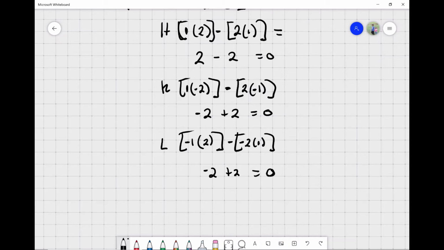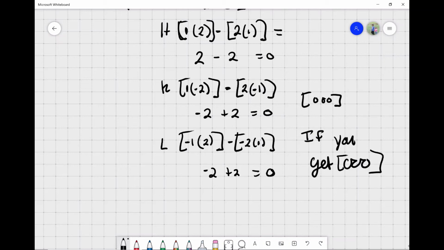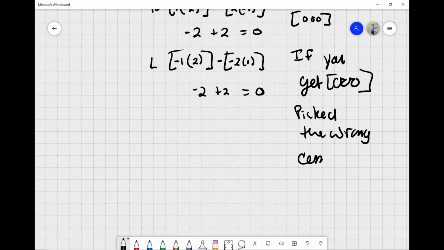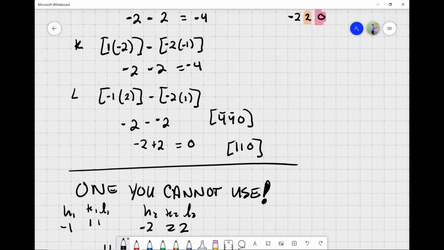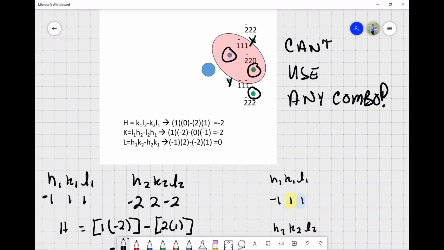All right, so you can't have a zone axis of 0, 0, 0. So the lesson learned here is if you get 0, 0, 0, you picked the wrong two spots. So you picked the wrong combo. And let's go back and look. Let's analyze why it's wrong.